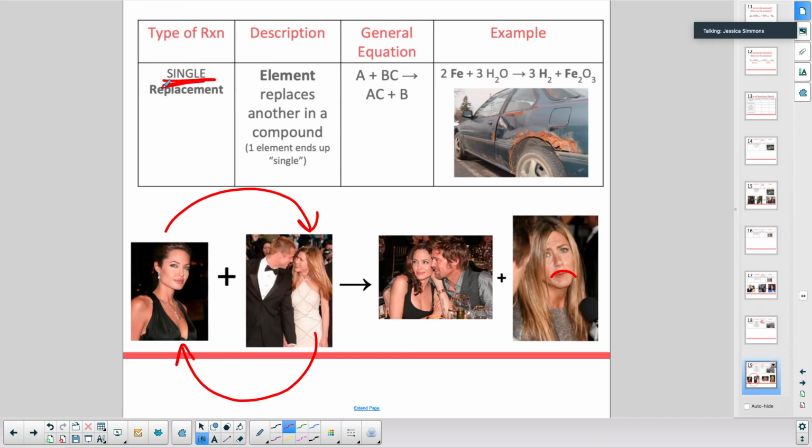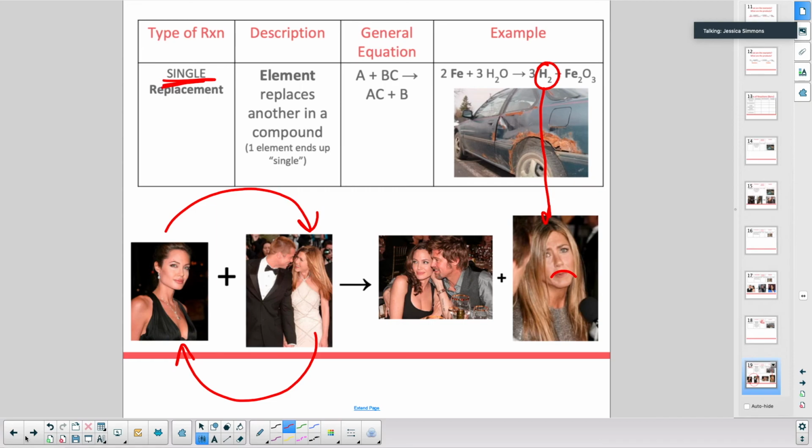So remember, hydrogen's our little eyeball based on its valence electrons. It's over on the left side. And so your cation is replacing your cation. Typically metal and a metal. What gets left behind in the example? Hydrogen. Notice hydrogen doesn't have a buddy. Hydrogen's singled alone. Okay. Jennifer Aniston is hydrogen. That's hydrogen's face, if you could see it. It's like, oh no, you left me.